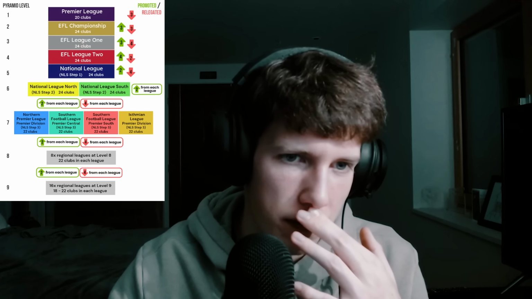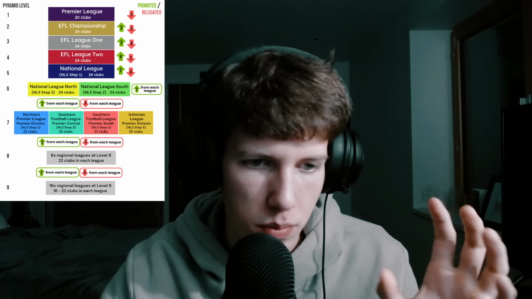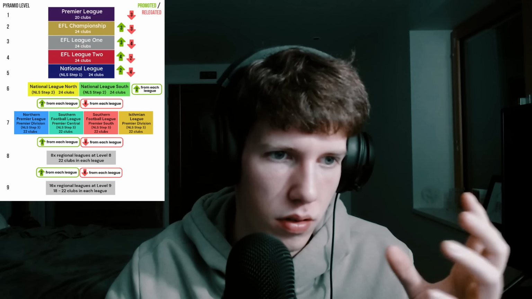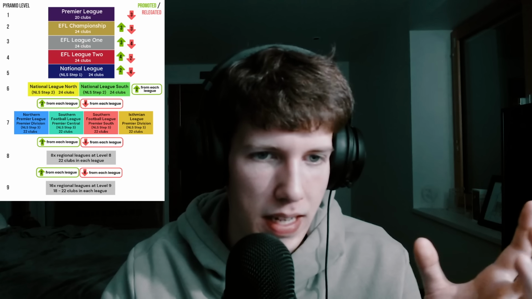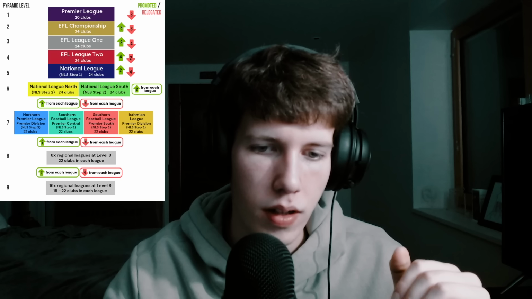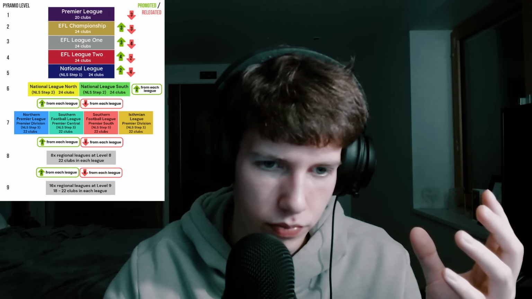So, below these 9 tiers, the pyramid branches out into further numerous regional and county level leagues, with step 6 having 17 divisions and over 300 clubs. It really does spread out, but there is the opportunity to still bring it up.